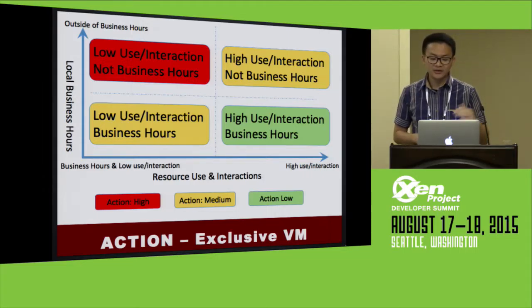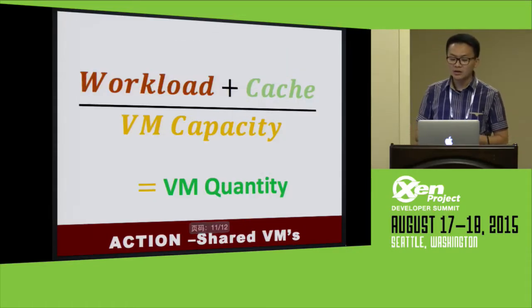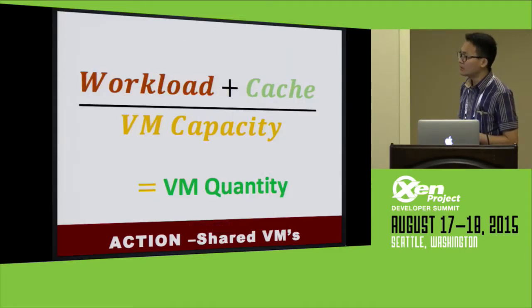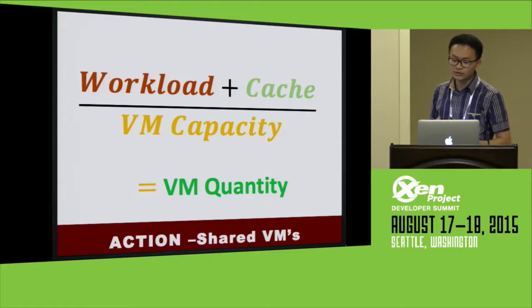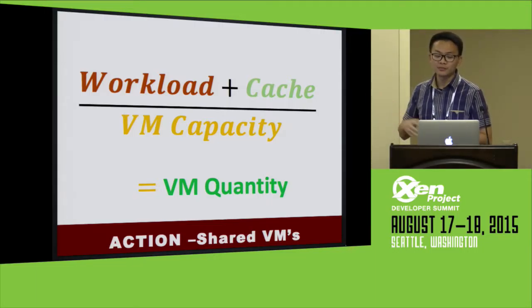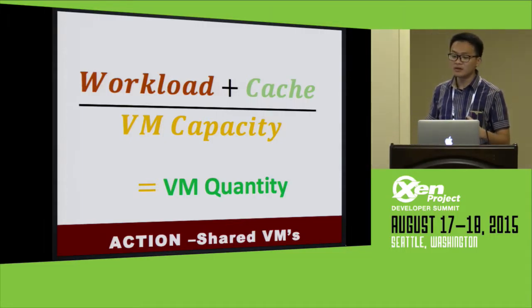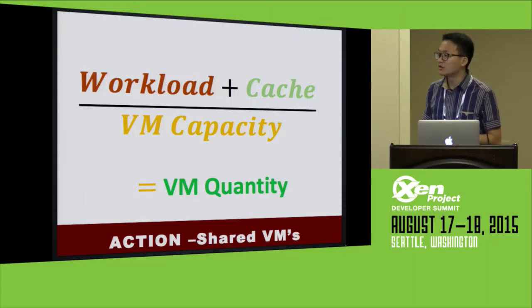Besides the exclusive VM, remember we still have the shared VM type. For the shared VM type, it's quite easy to save power. To calculate the VM quantity for the shared VM, there is a formula here, which is quite simple. The workload here is the same as I defined in the condition slides.